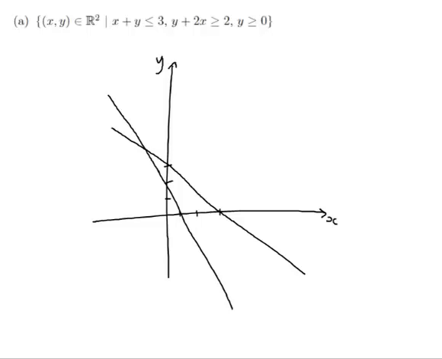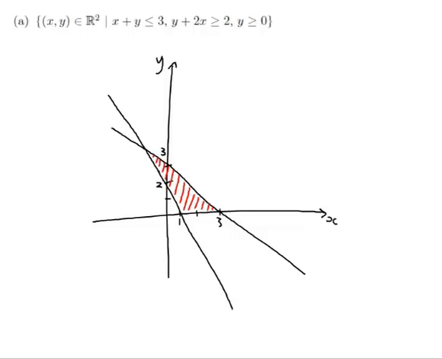And the set I wanted was here, like that. So let me label the points on the axis. That's 3, that's 2, that's 1, that's 3. Now it's much clearer, isn't it?